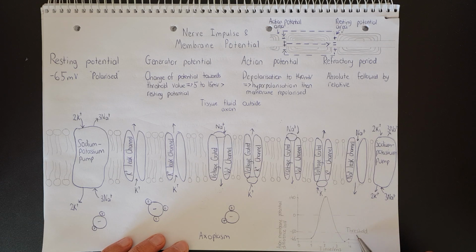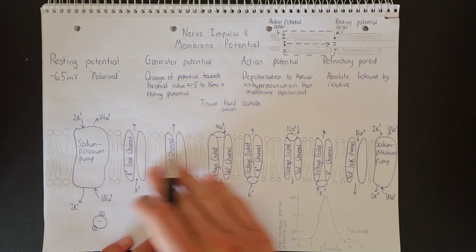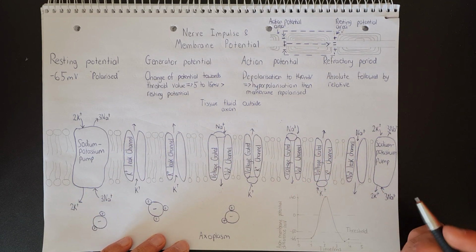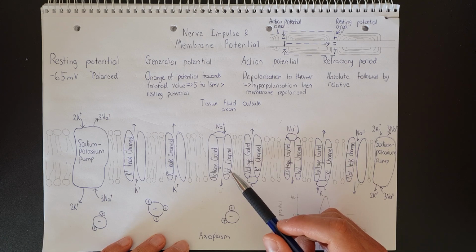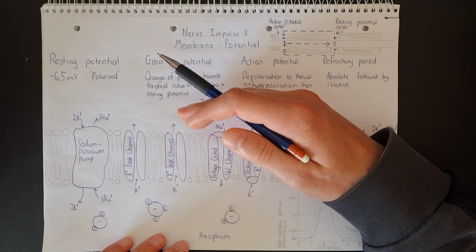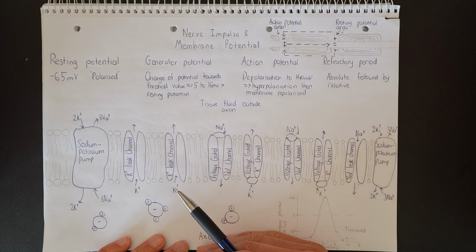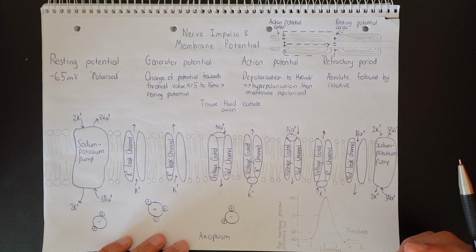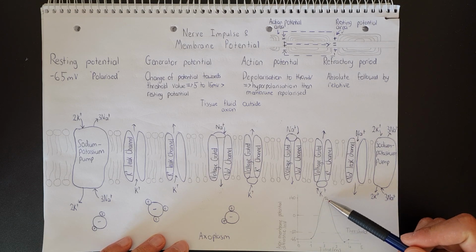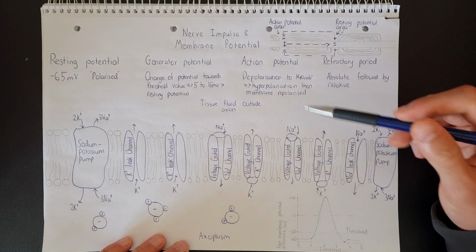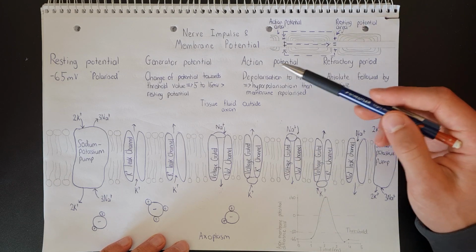If we reach the threshold value, then an action potential will be stimulated. That will cause many voltage-gated sodium ion channels to open. So the sodium ions will diffuse rapidly, all flowing into the axoplasm down their electrochemical gradient up to the point of around about plus 40 millivolts, where the membrane is now said to be depolarized.